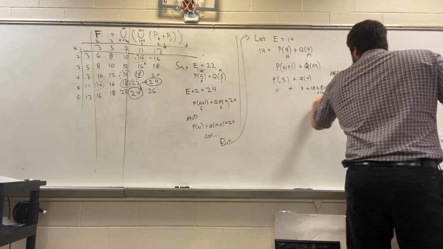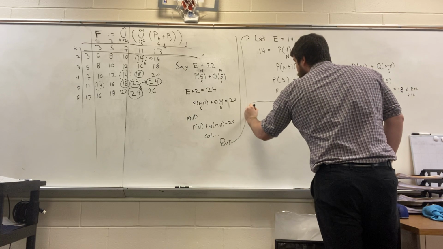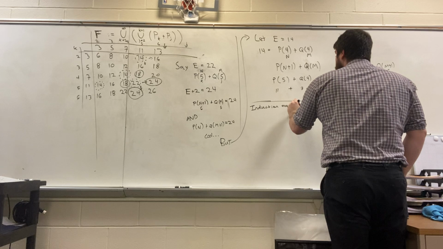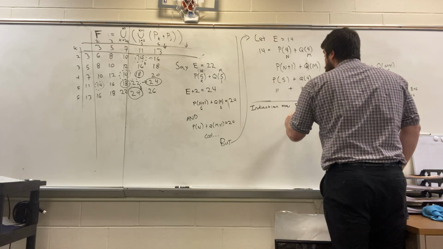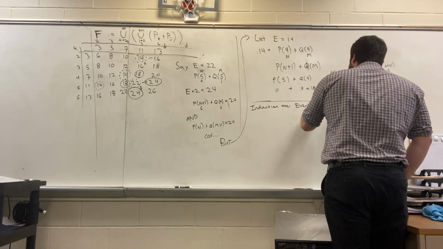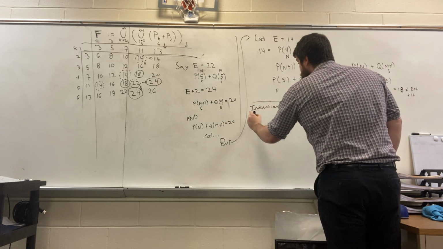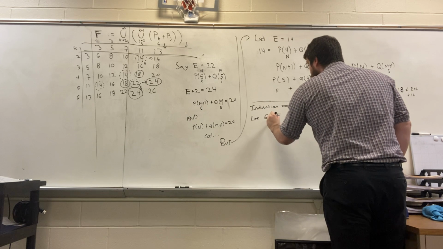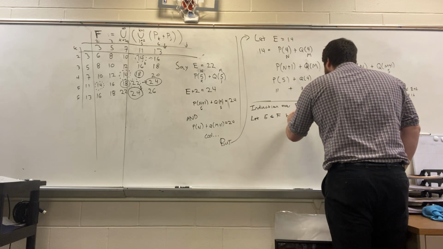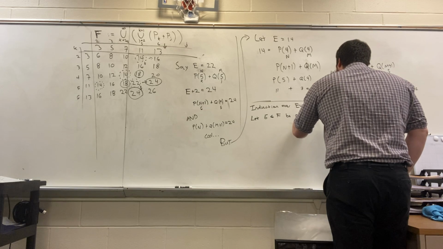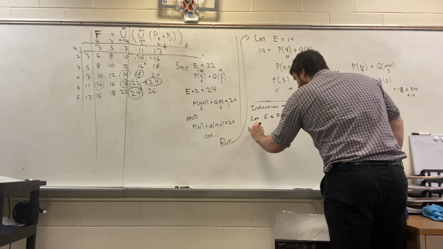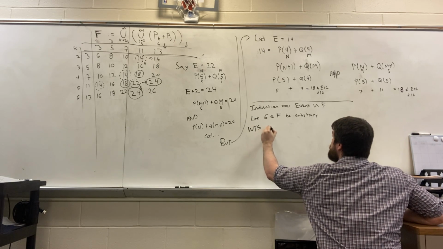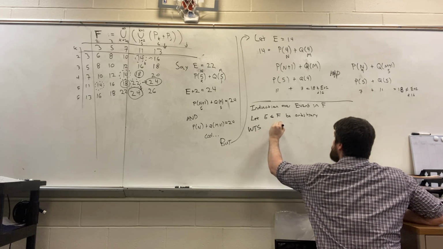When we begin for induction, so we're doing induction over the evens in our set F. So let E in F be arbitrary. We want to show that given E is in there, that E plus 2 must also be in there.